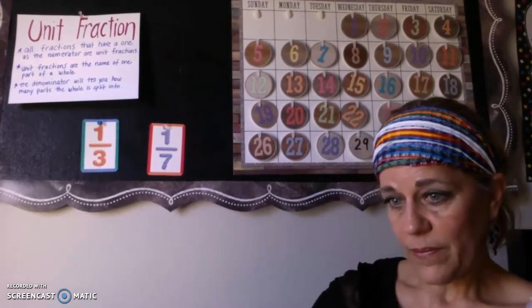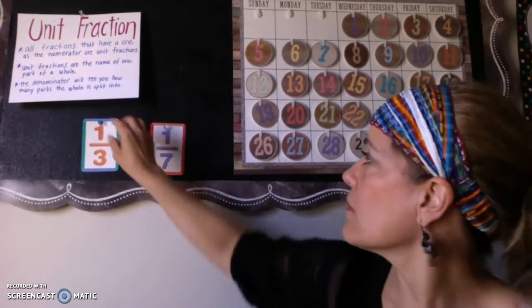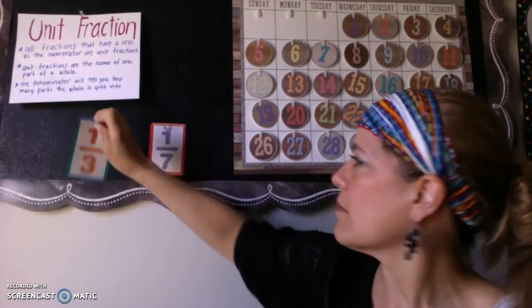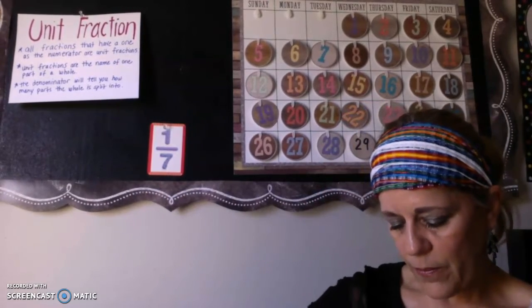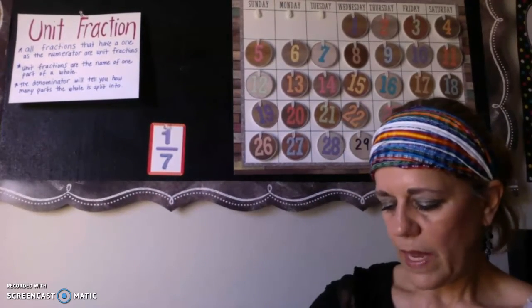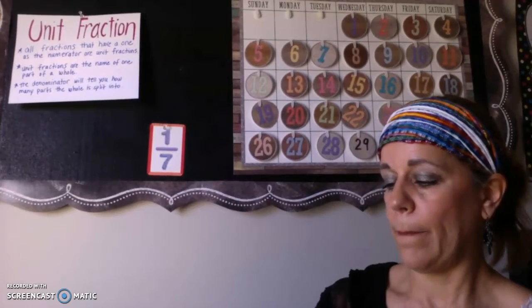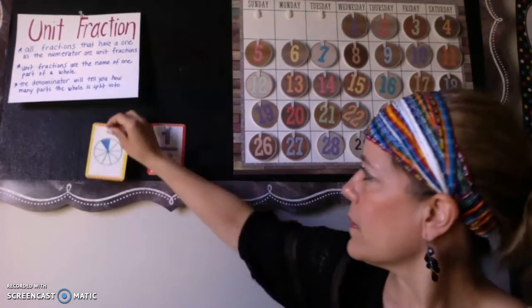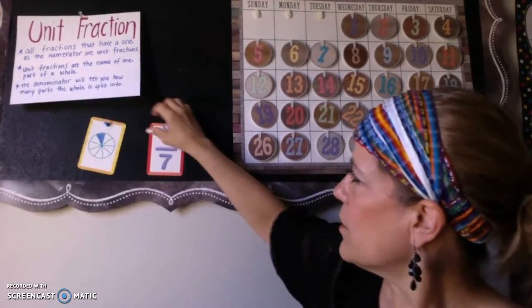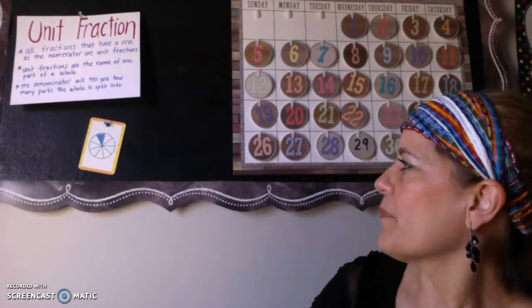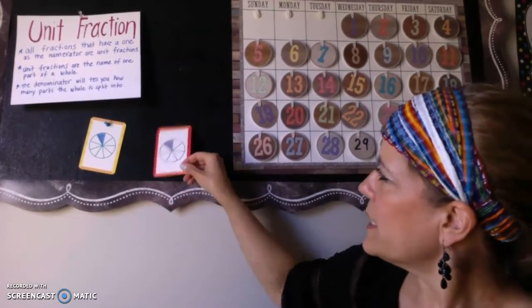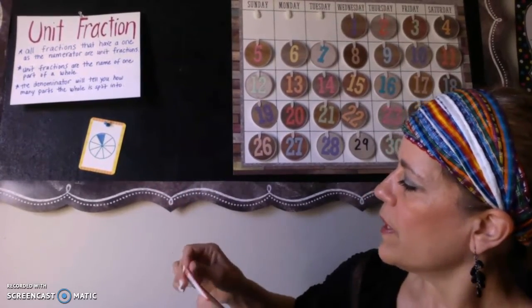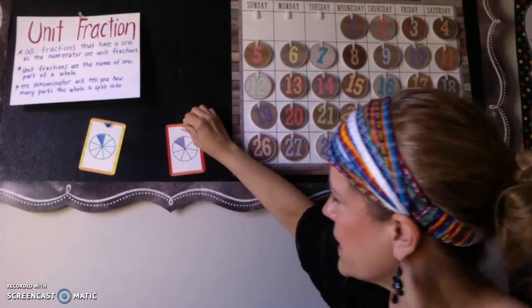Let's look at another one. Let's keep 1/7 up there. This one might be a little tricky. Let's take a look at 1/7 again this way. So this is 1/7. We know it's divided into 7 parts.